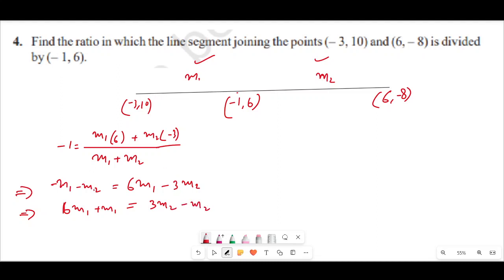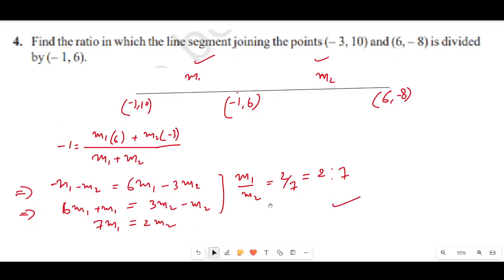We will shift it here and this will be shifted here. This will be 7M1 and this will be 2M2. Now the ratio will be M1 by M2. It will be 2:7. That means 2:7 is the ratio. That is the way to find it. Clear?